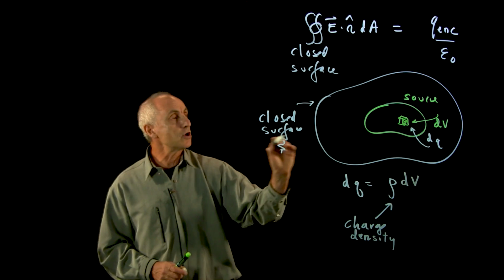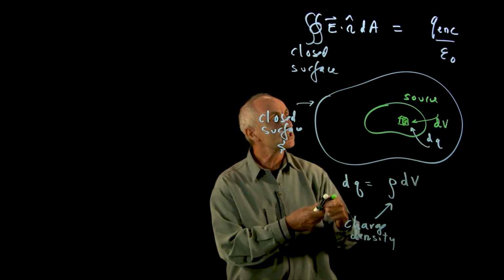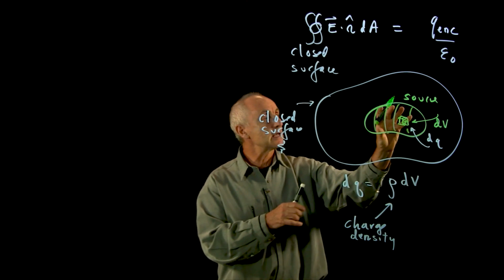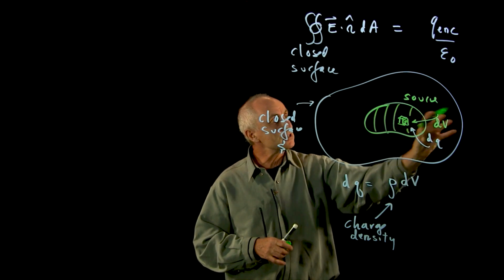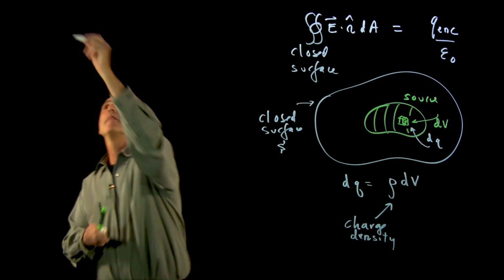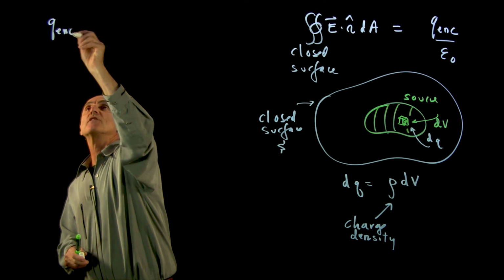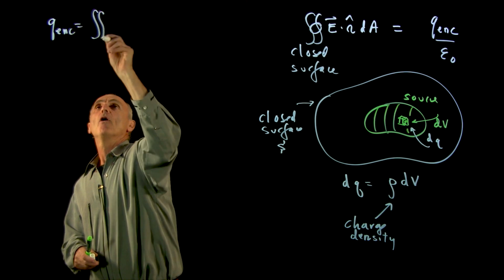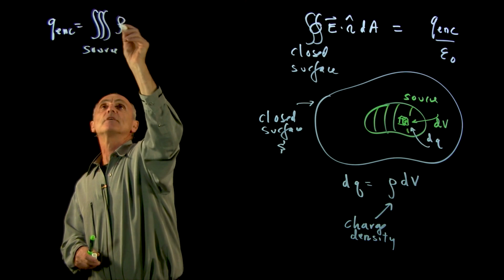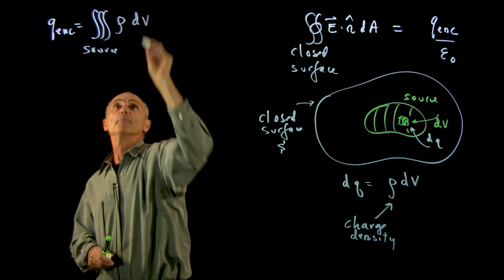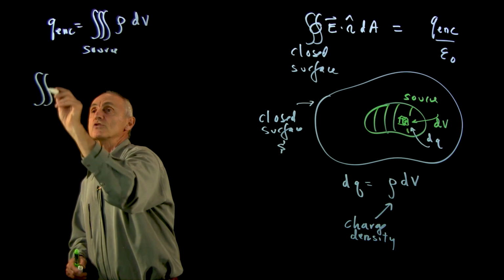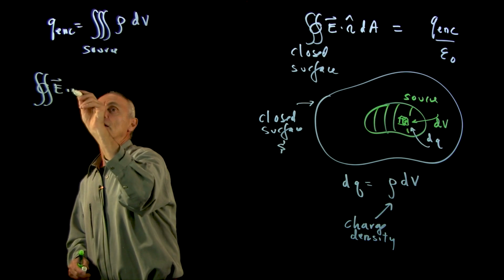And so when we talk about the charge that's enclosed in the Gaussian surface, here's our source. The charge enclosed is then just the integral over the source of the density times the volume element. And our Gauss's law now looks quite complicated.